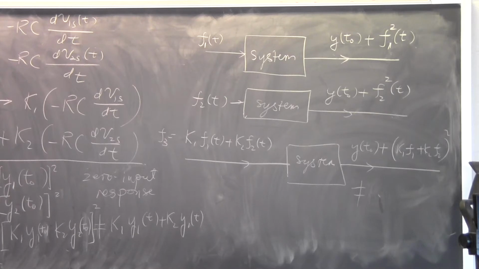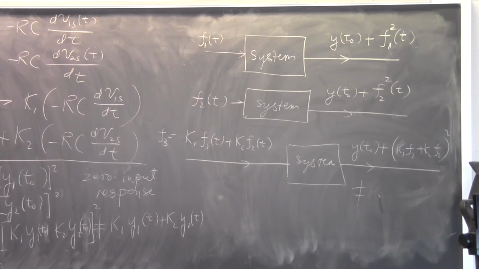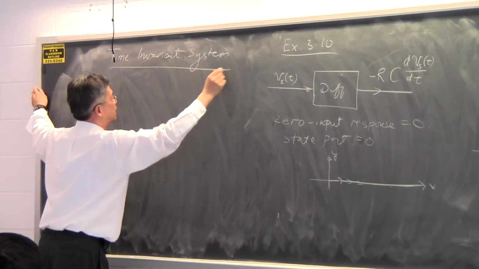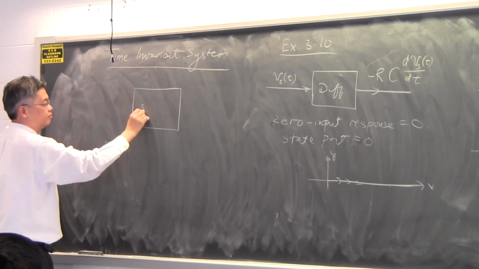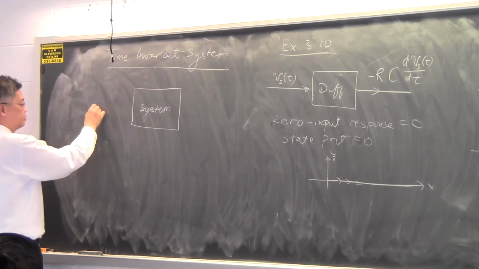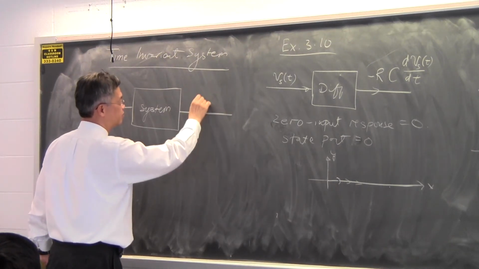So now that you know everything about linearity, we can move on to talk about time invariance. What is the meaning of time invariant? A time invariant system means that if I have a system, say if I have an input f of t, I put into this system, and the output I get from this system is y of t.